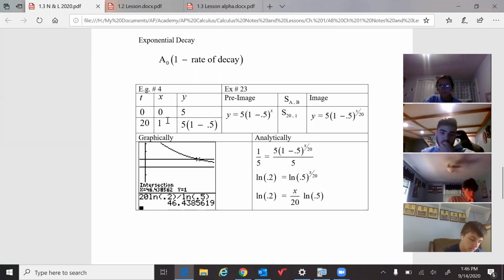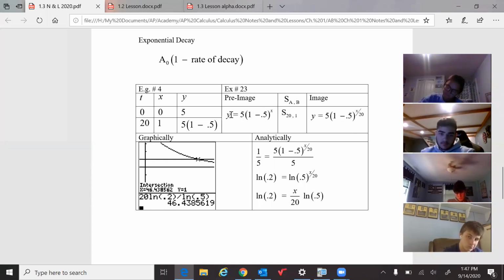From here, I worked left, and I expanded the table and did a size change of magnitude 20 to the independent variable. So it went from X to T, because they told us the length of a half-life was 20 days. 0 times 20 is 0, 1 times 20 is 20. This is your pre-image.